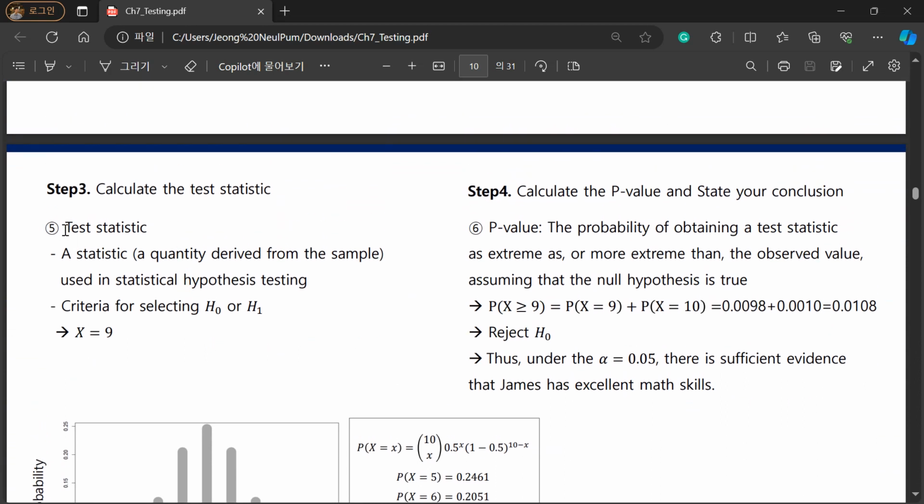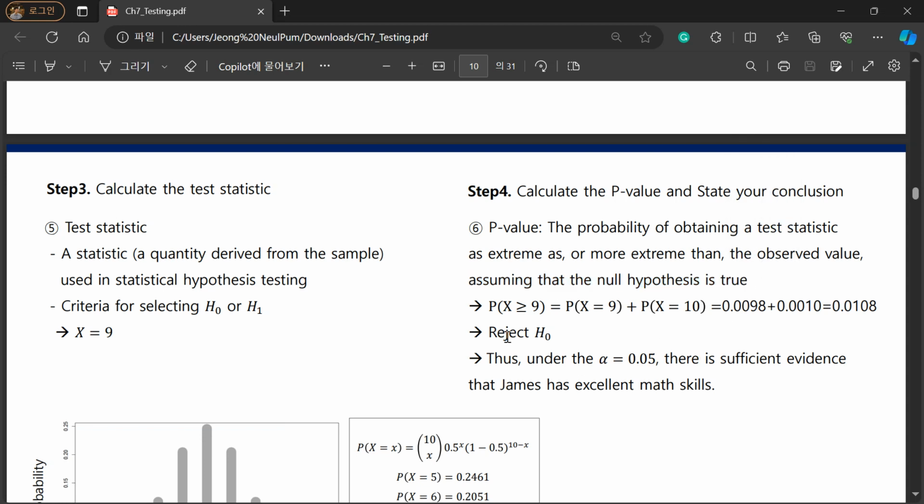Finally, after we get the test statistic, we can also get the p-value, which is the probability of obtaining such a test statistic when assuming that the null hypothesis is true. This is the most important thing.